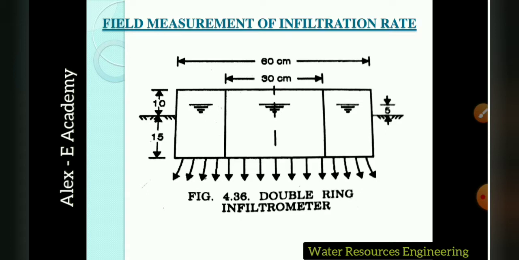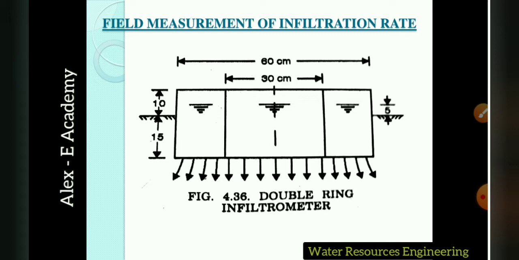Both the cylinders are driven vertically into the ground concentrically so that a 10 centimeter portion of the cylinders is above the ground level. Water is added to both cylinders so as to maintain a head of 5 centimeter above ground level.